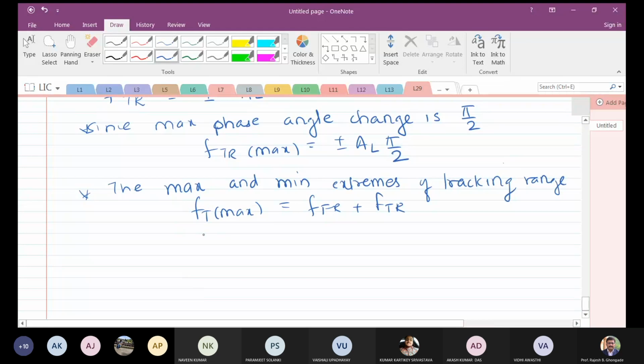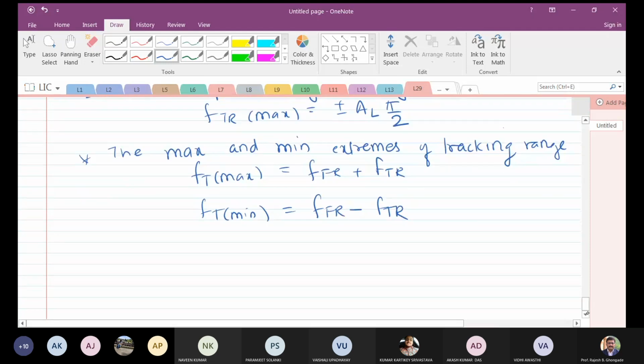And FT minimum, so these are the limits, FFR minus FTR. Now, graphically it can be very easy to understand. That is what I am doing now.